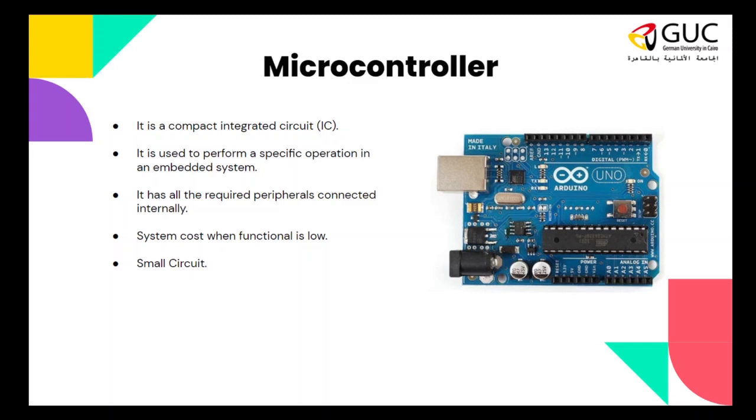We do not program the actual microcontroller, we just upload our code on it, and it reads and processes whatever data we have, takes the inputs from the pins and gives us the output as a result.